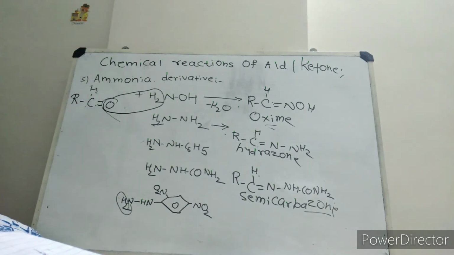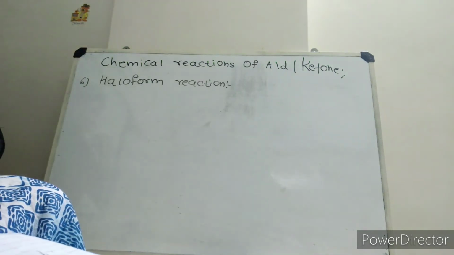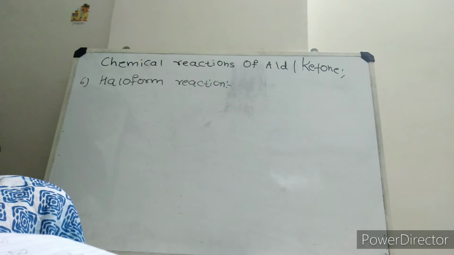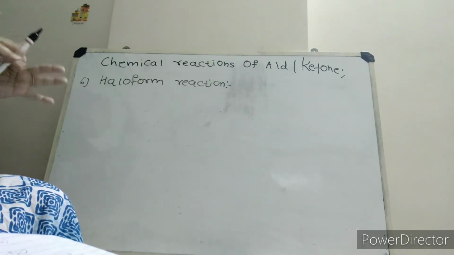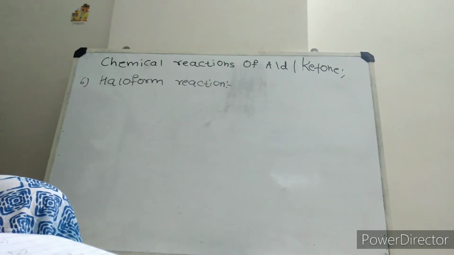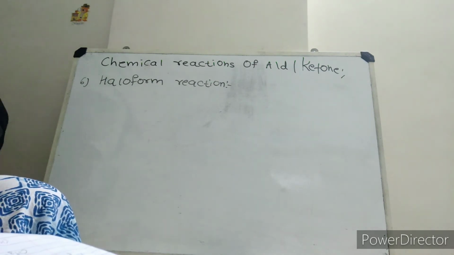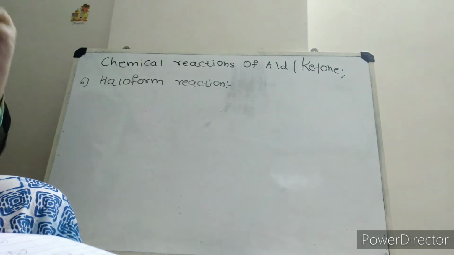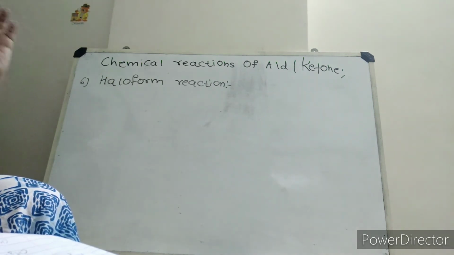Now the sixth one is the haloform reaction. This reaction is given by aldehydes, all methyl ketones which contain the methyl group CH3, or alcohols which also contain the CH3 group. Then how does the addition take place?